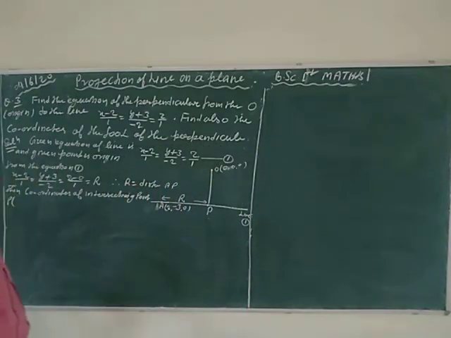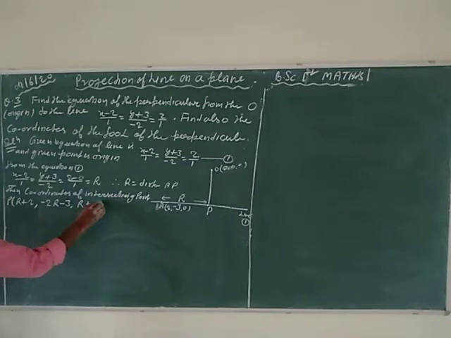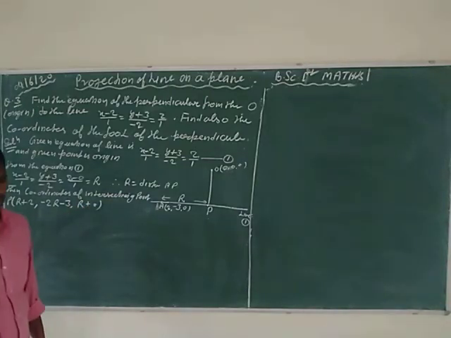So write the foot of the perpendicular: the coordinates of P are r plus 2, minus 2r minus 3, and r plus 0, means plus 0. These are the coordinates of the intersecting point, means the foot of the perpendicular point.